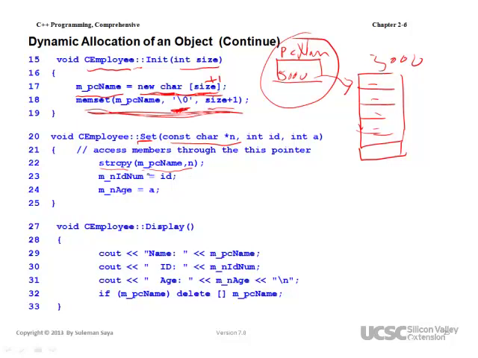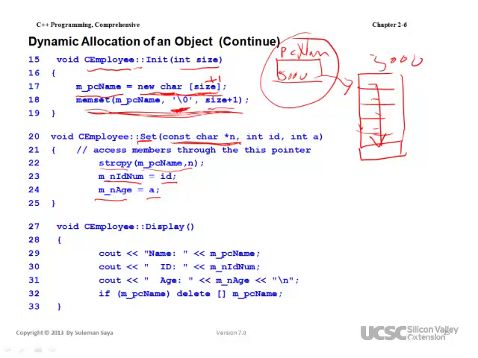It copies this string into this array right here. All the characters will be copied there. And then at line number 23, the ID will be initialized to the data member, and similarly at line number 24, the age will be initialized to each data member.